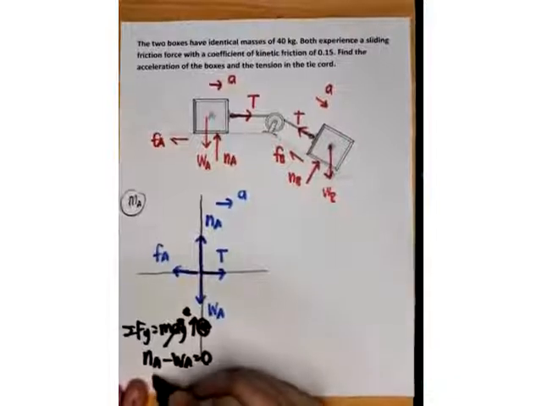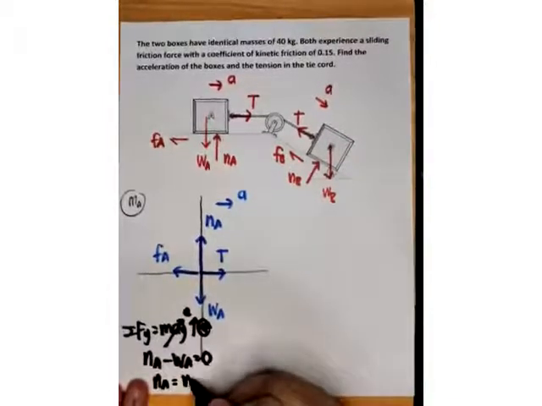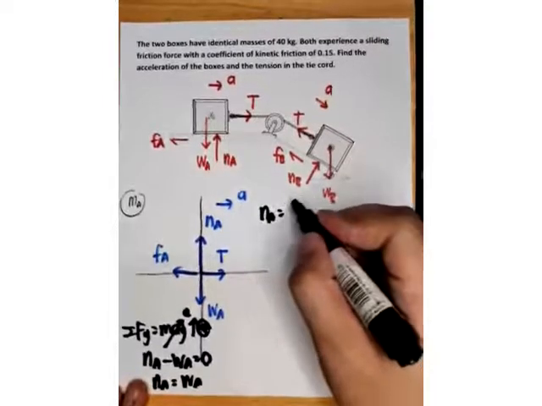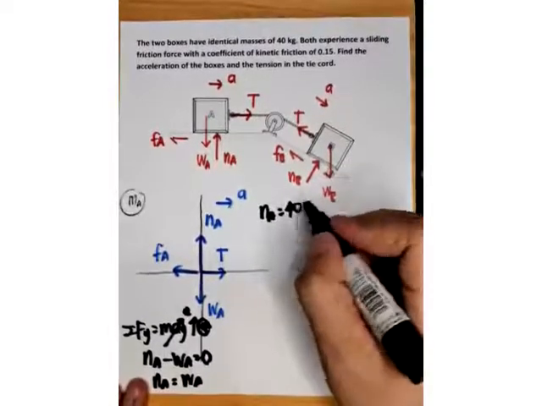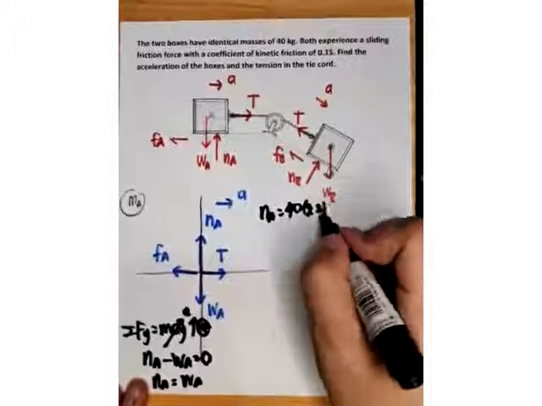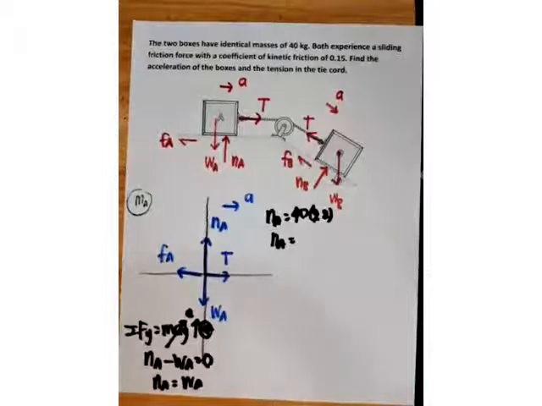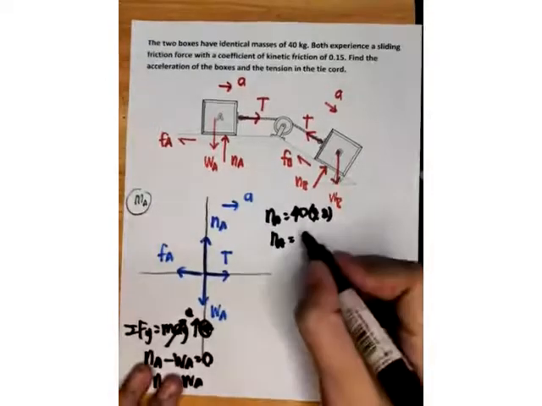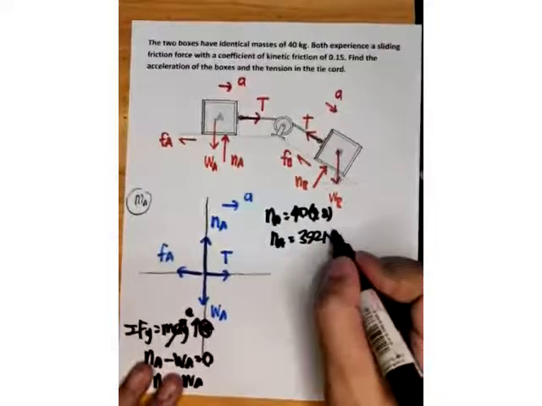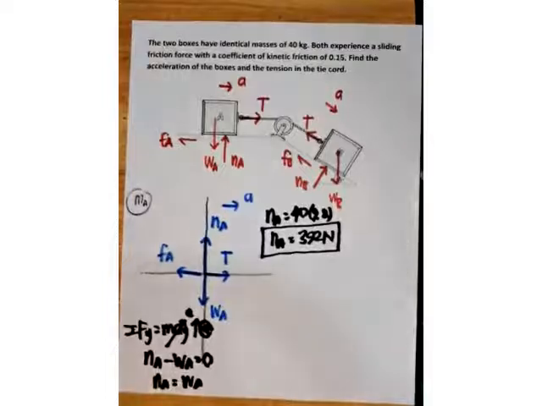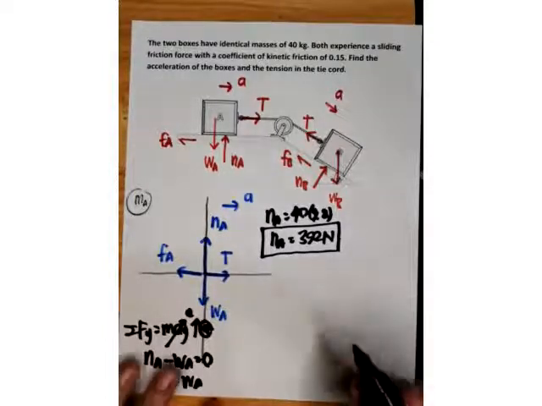Okay. So normal A is equal to weight A. So normal A is equal to 40 times 9.8. Ayan. So normal A is equal to 392 newtons. Ayan. 392 newtons.